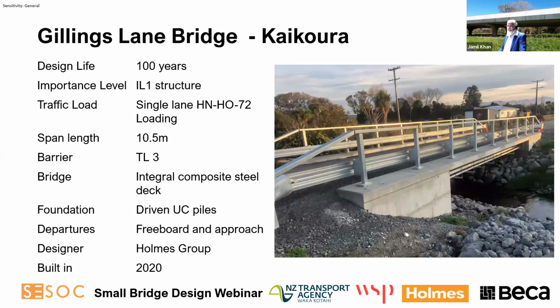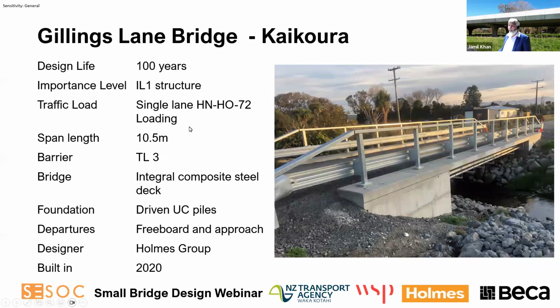The first example is in Kaikoura, rebuilt after the Kaikoura earthquake. It's the Glen Bridge, and again this area has low traffic volume, but the design life was 100 years, the importance level of the structure was level 1, and traffic load is designed for full HN loading. Span length is about 10.5 meters, and a TL3 barrier was provided.